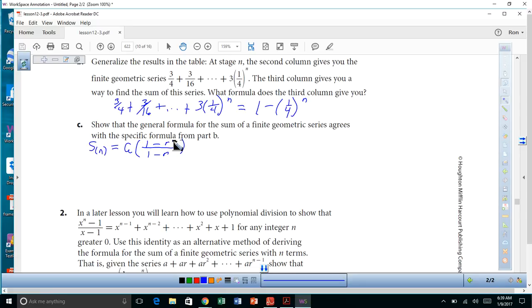And we'll let a equal 3/4, and we'll let r equal 1/4.